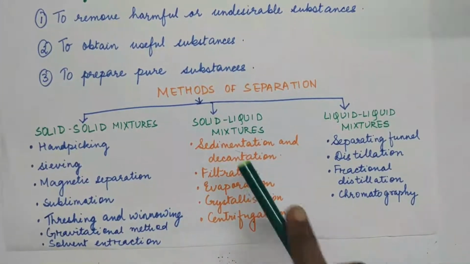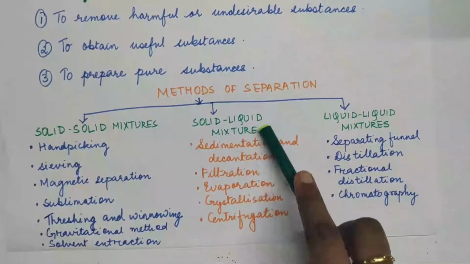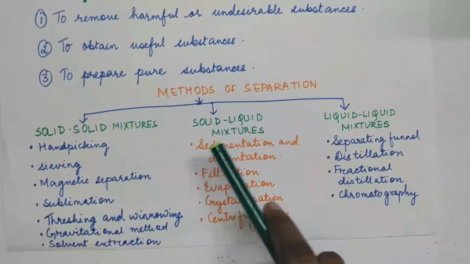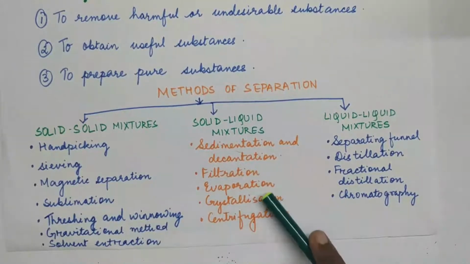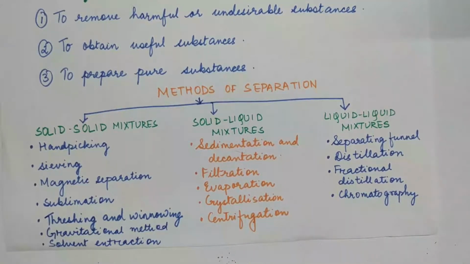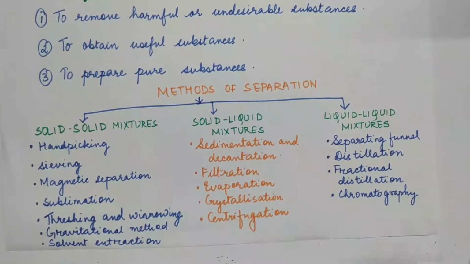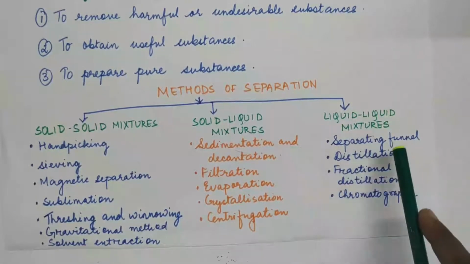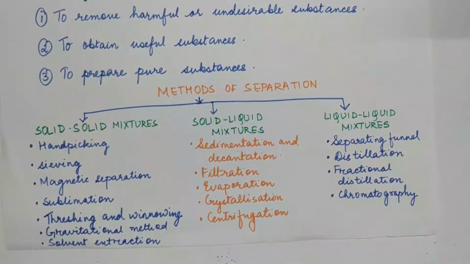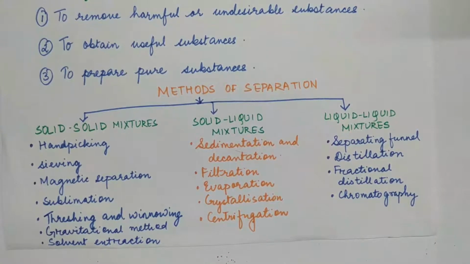If we are going for a solid liquid mixture, we will be reading about sedimentation and decantation, filtration, evaporation, crystallization, and centrifugation. And if we talk about liquid mixtures, we will be reading about the separating funnel technique, the distillation method, fractional distillation, and chromatography.